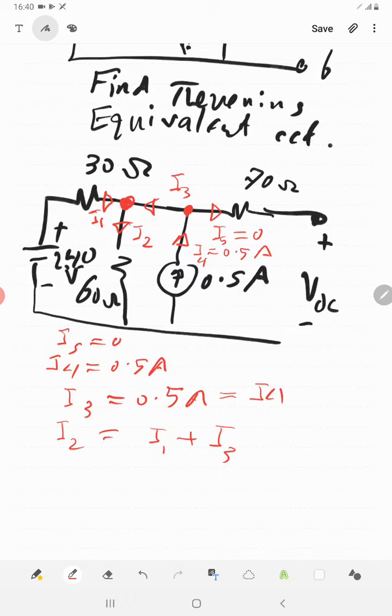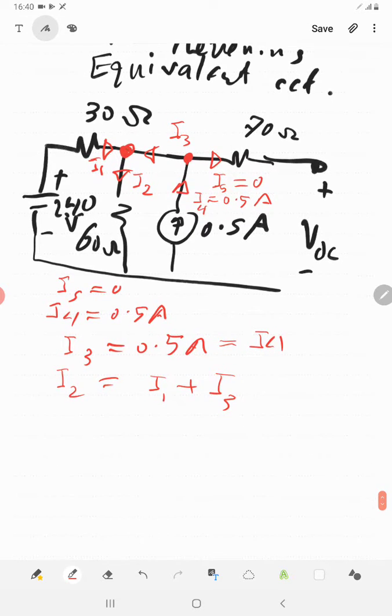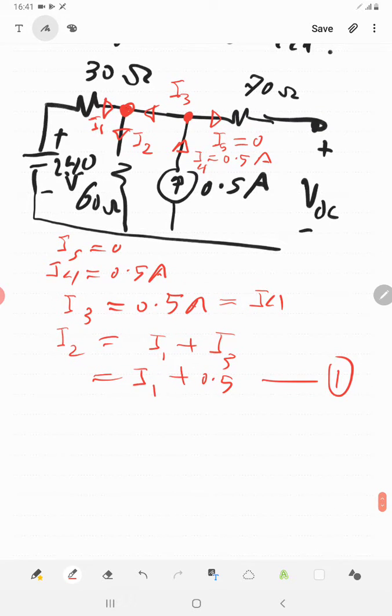So applying KCL to this node will give you I2 is equal to I1 plus I3. I3 we know, so I2 is I1 plus 0.5. Let's say this is equation 1. Okay, we know now equation 1, I1 and I2.